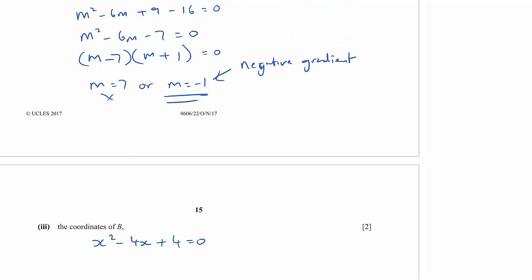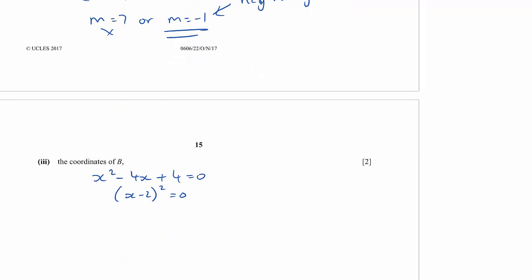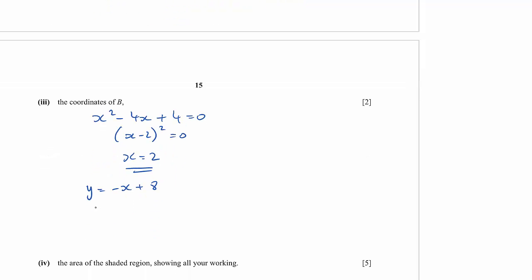And that is just (x minus 2) squared equals 0. So we've got x is equal to 2. And we know that y is equal to negative x plus 8. So y would be equal to 6 if x is 2. So B is the point (2, 6).